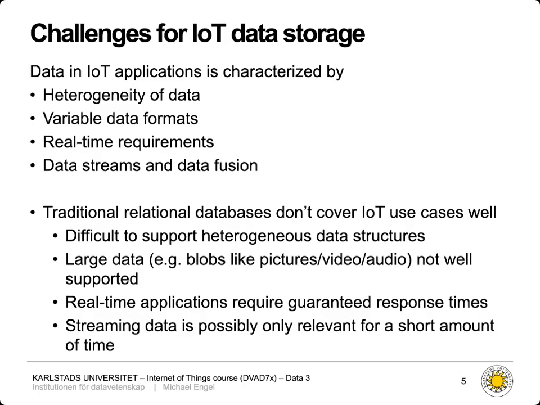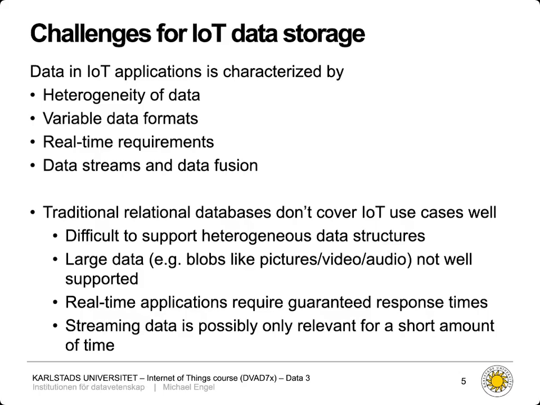So if we have real-time applications, we cannot really guarantee when a query on the database actually returns any useful data. And finally, we might have streaming data that might be possibly only relevant for a short amount of time, and then we can discard it. Relational databases are usually made for long-term storage of data and not for just continuously updating and removing data sets from the database.